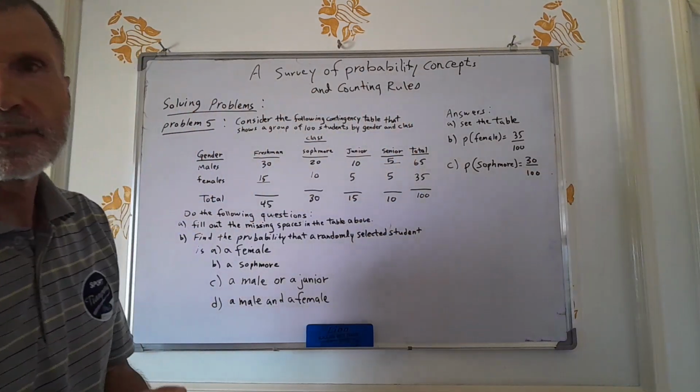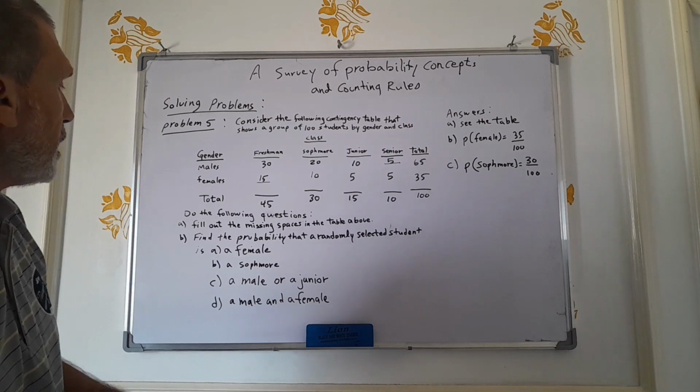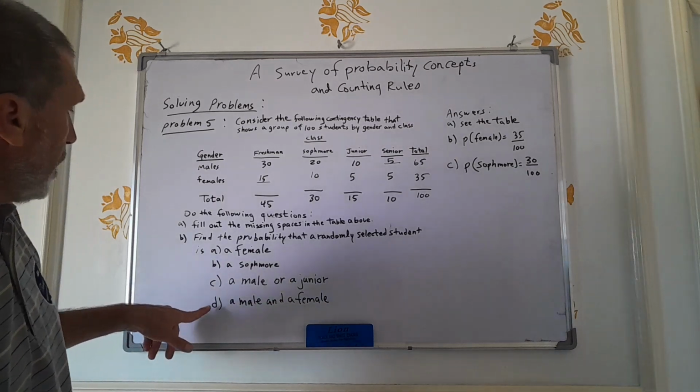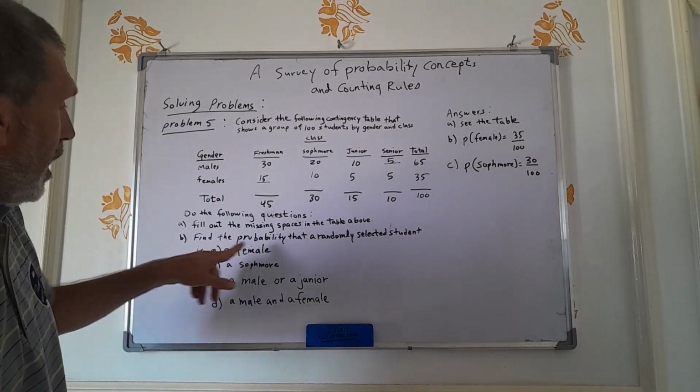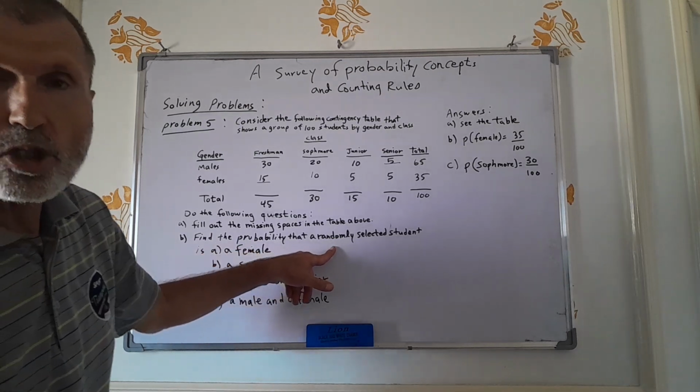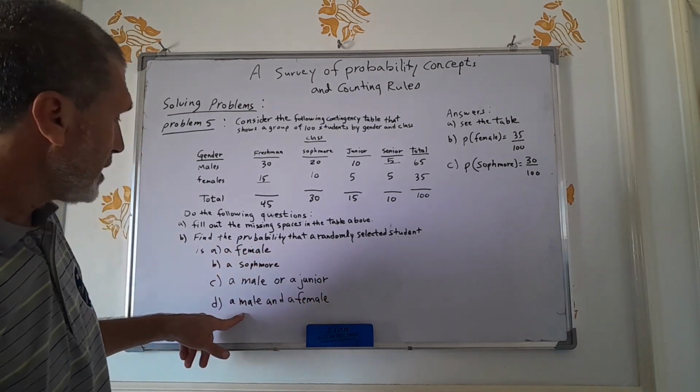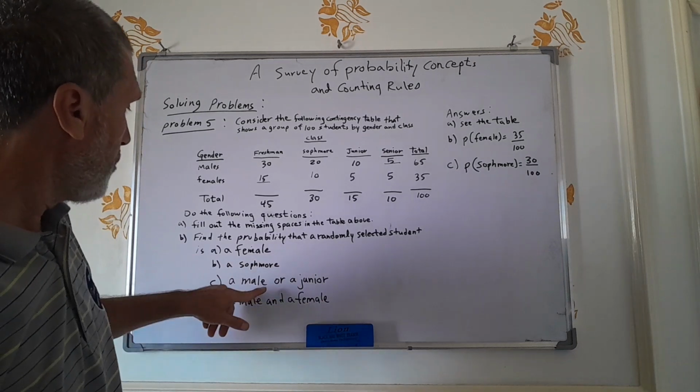The total number of students is 100. Now, D, find the probability that this randomly selected student is a male or a junior.